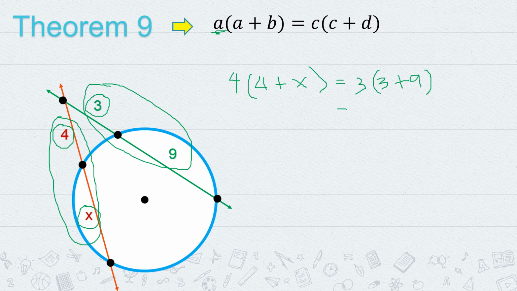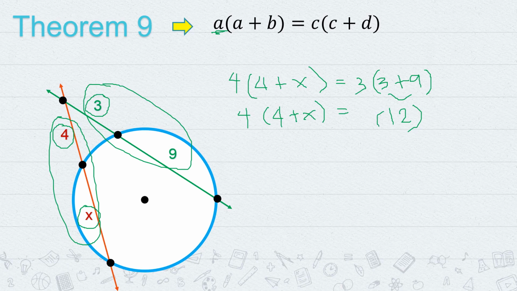But it doesn't matter, we just keep on simplifying it. So for the left side, let it be still 4 plus x. But if you want to do the distributive property for this one, that is still allowed, not a problem. It won't make any changes for our value of x. For the right side, we may further simplify the terms inside our quantity. So 3 plus 9, the answer is 12.